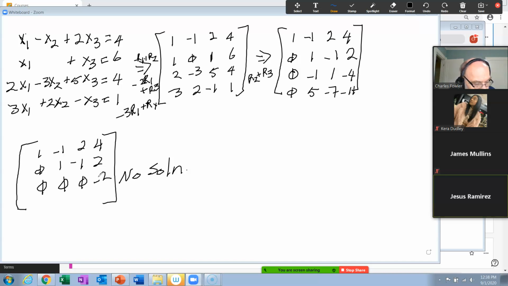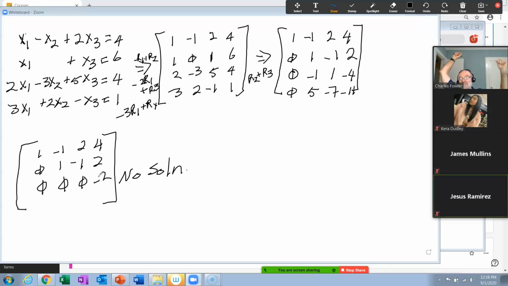Okay. We can't even divide it by 2. You can, but guess what you get then? 0 plus 0 plus 0 is equal to negative 1. Or 1. Or anything else. But the thing is, 0 cannot equal any of those numbers. Don't you see? On the left you have all zeros, on the right you have something that's not 0.